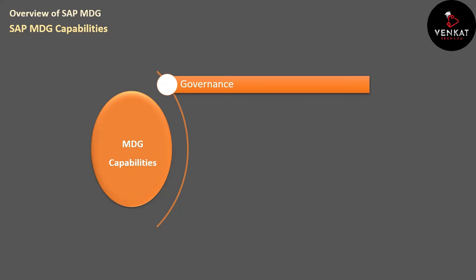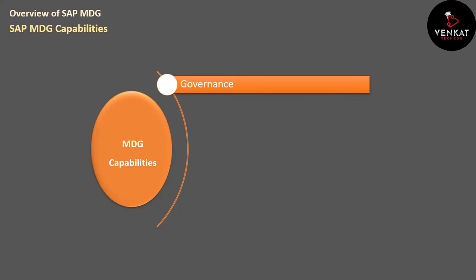Similarly, in MDG, we assure that we are creating quality master data in the system. How are we ensuring the quality? By using the governance principle. We'll employ business rules, we'll apply workflows, and we'll improve the quality.